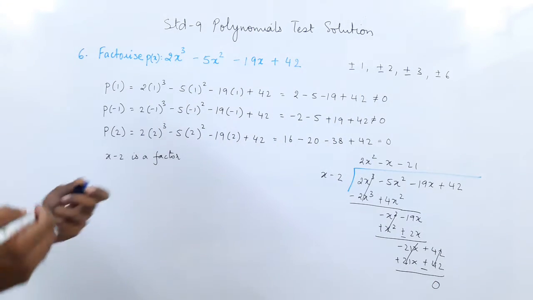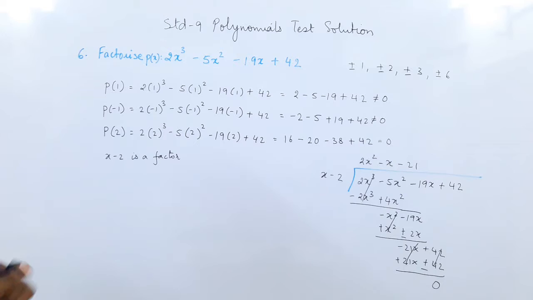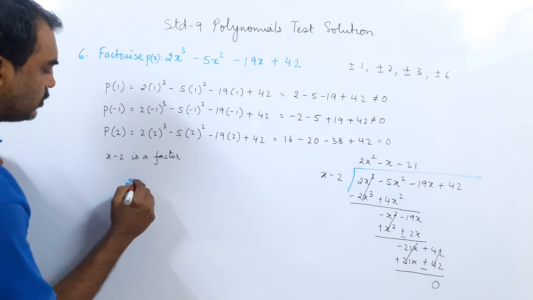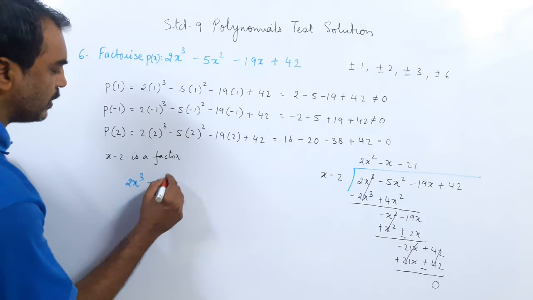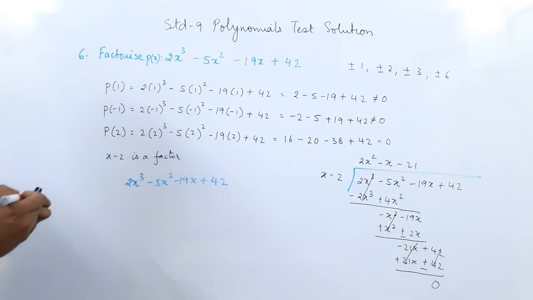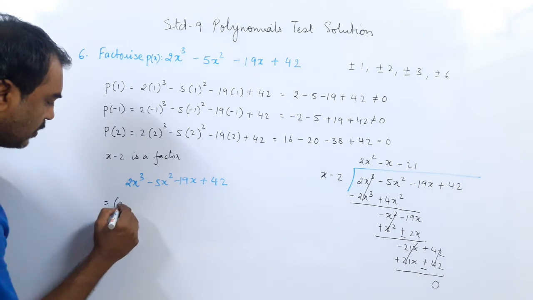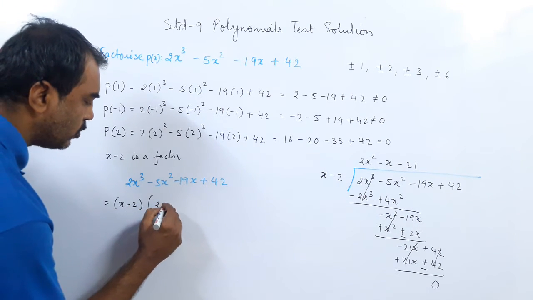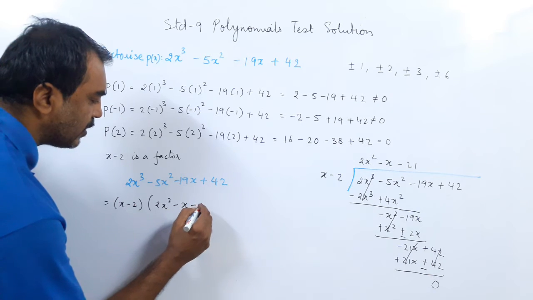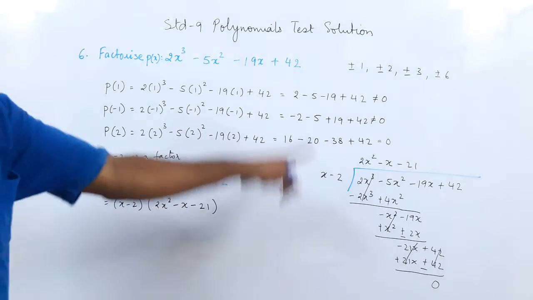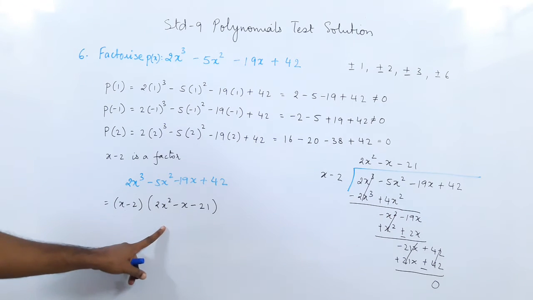So now the polynomial 2x cube minus 5x square minus 19x plus 42, after the long division method, can be written as x minus 2 into 2x square minus x minus 21. So this factor we got separately by using this method. This is a quadratic polynomial.